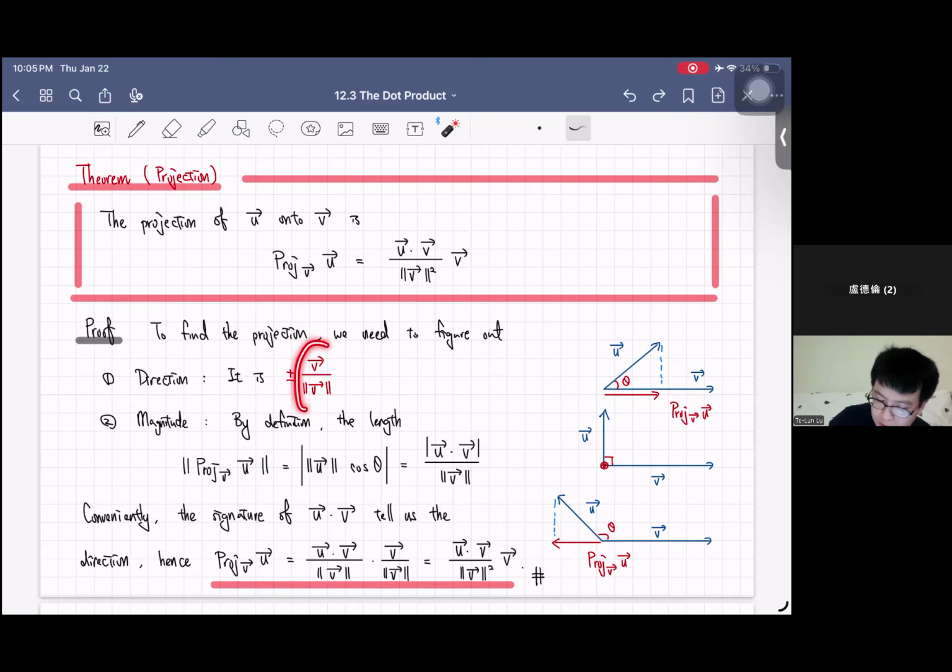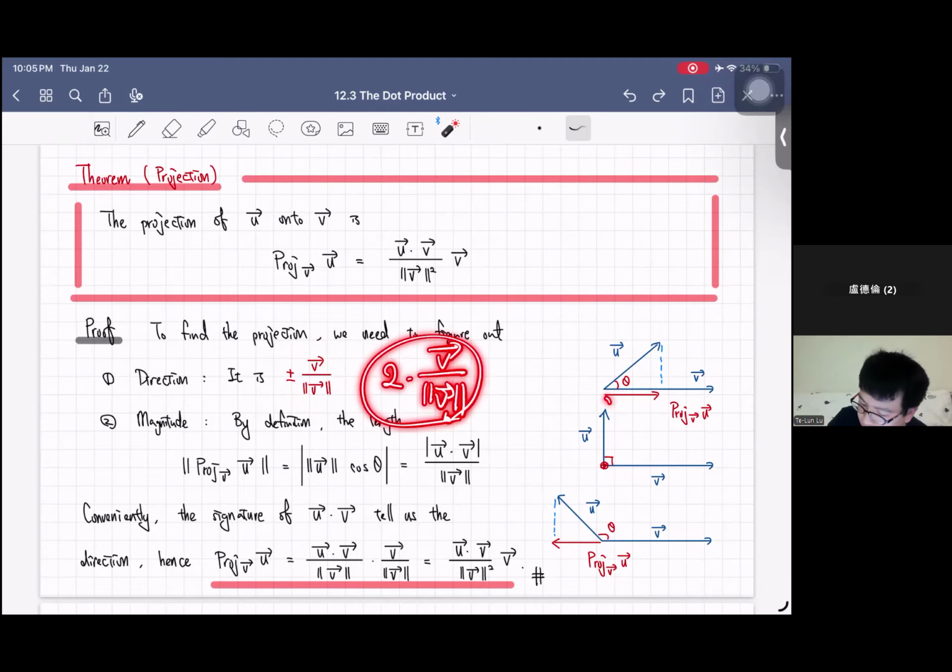So don't forget, this is a unit vector. It is always of magnitude 1. And this guy represents the direction of v. For example, let's use v. So this guy will be 2 times the unit vector in the direction of v.